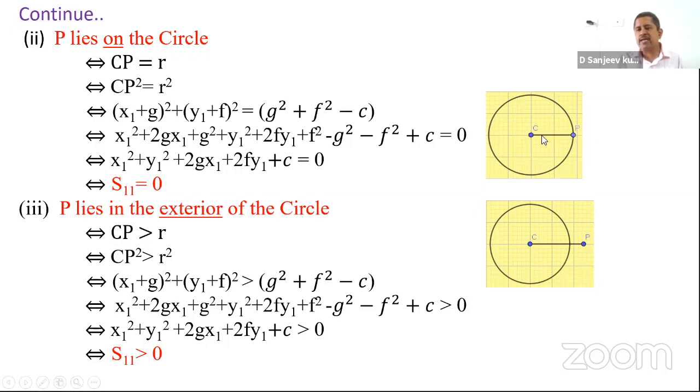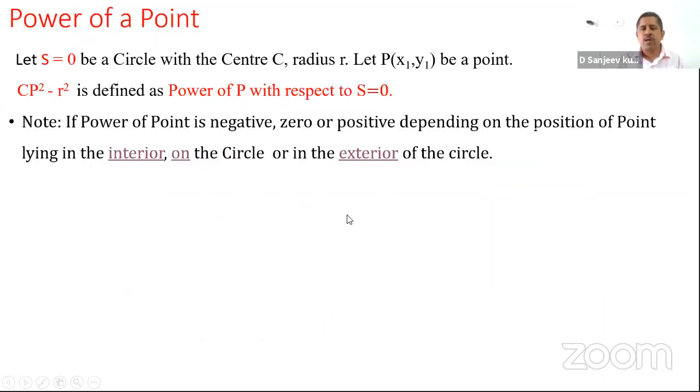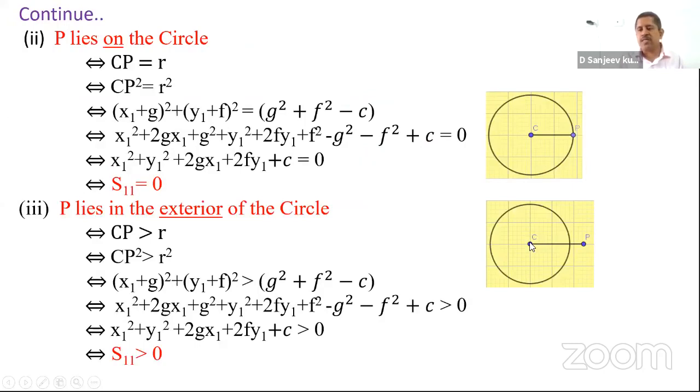If CP² − R², the power of the point, is positive, it means the point you have taken is outside the circle, in the exterior of the circle. Because the point is outside, the value of CP² − R² is greater than 0.